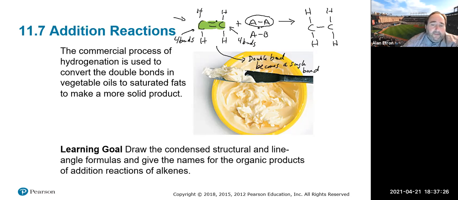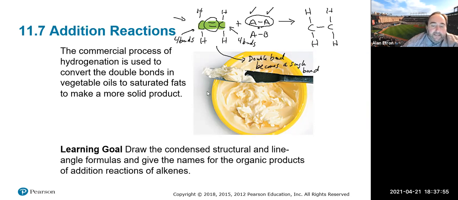And we're turning our double bond into a single bond. What does that do? Well, the carbon on the left now has only 3 bonds. The carbon on the right has only 3 bonds. We have just made room for this guy and this guy to attach, which is why it's called an addition reaction. They're going to come in and attach.